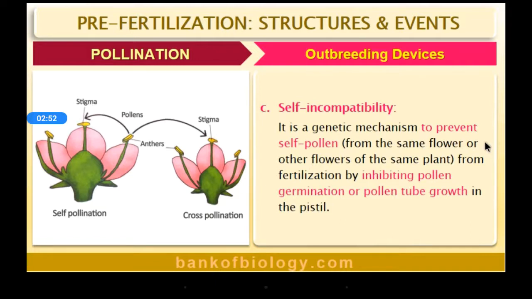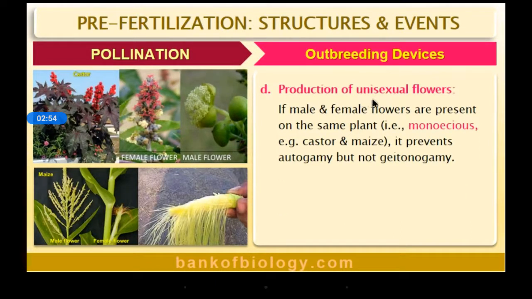Next is production of unisexual flowers. Production of unisexual flowers means if male and female flowers are present on the same plant, monoecious, we already discussed, yes? Example castor, then maize, etc. So in that case, it prevents autogamy, but not geitonogamy.